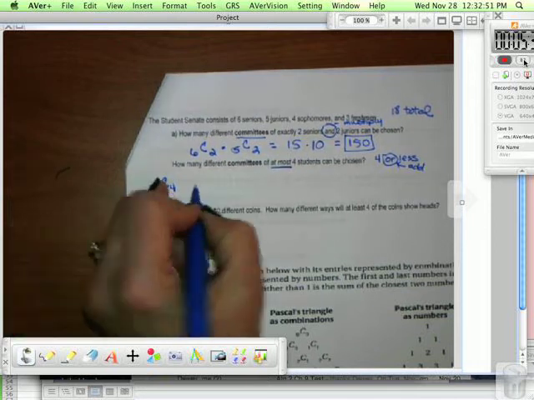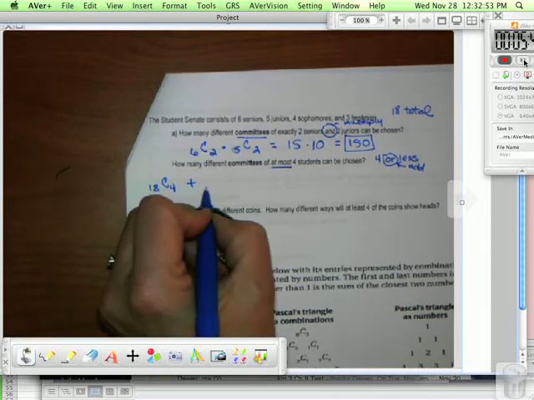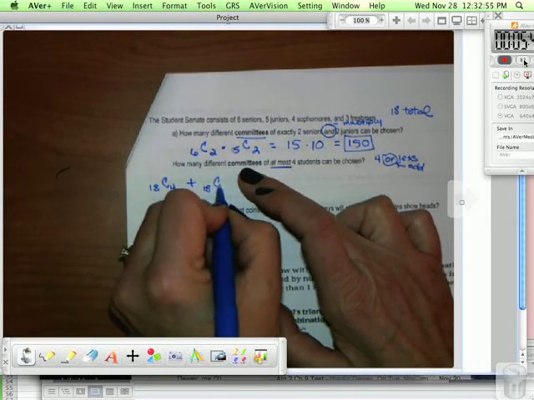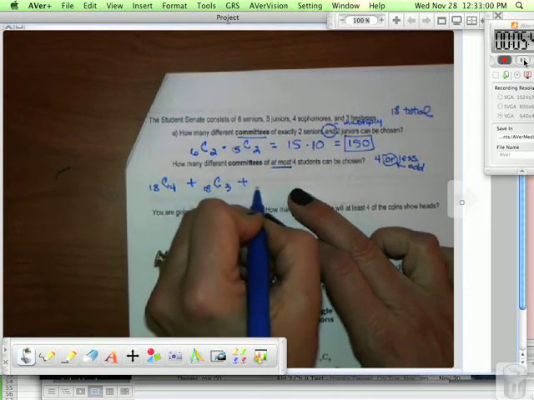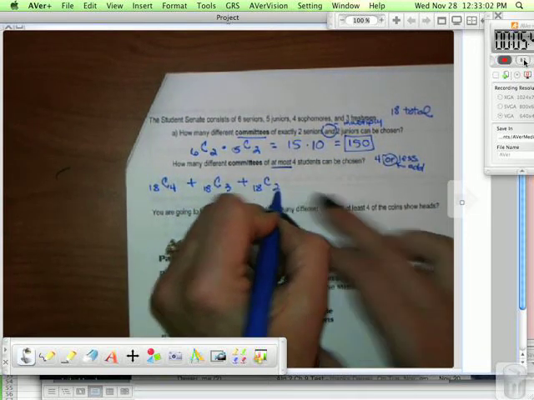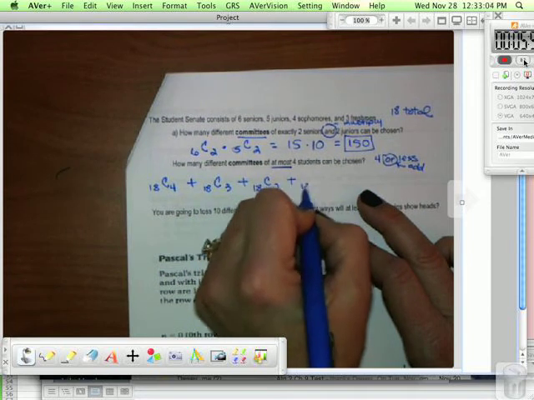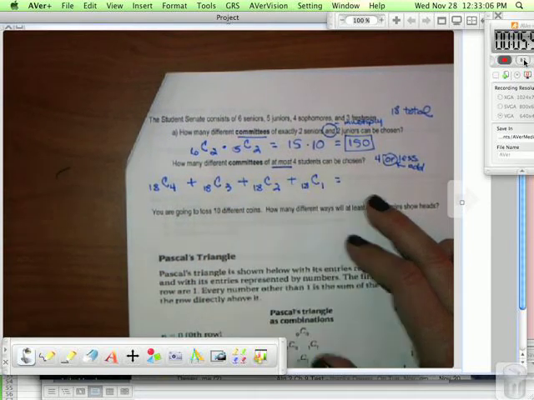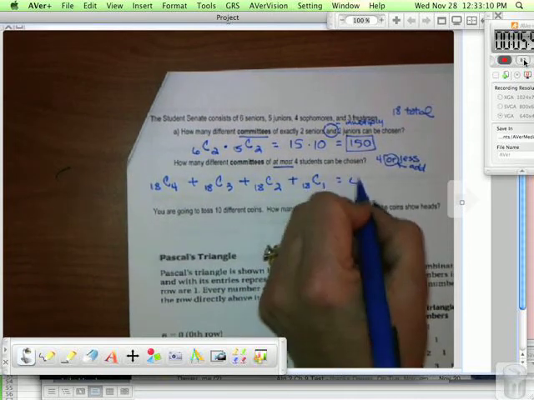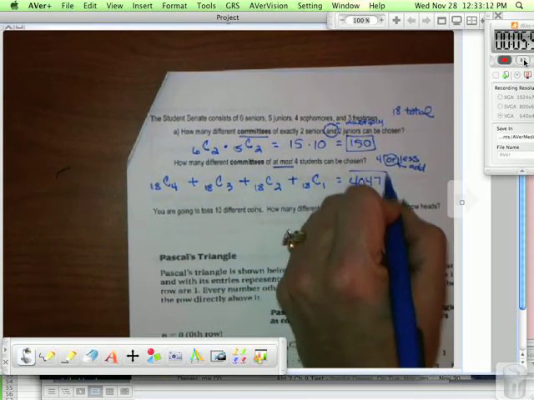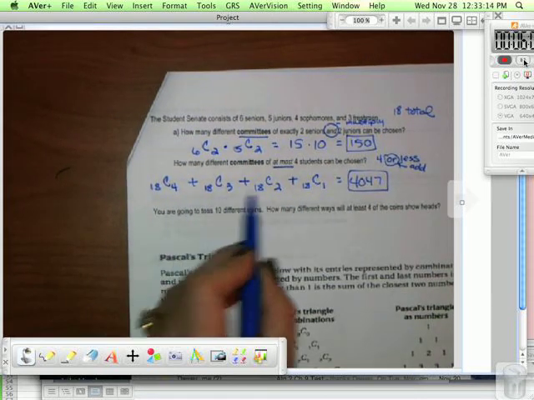Then I also have to consider the committees where there's only 3 people. So 18 choose 3, plus 18 choose 2, plus 18 choose 1. When I add up all those different possibilities, I get 4,047. And again, all I'm doing is just putting this on the calculator.